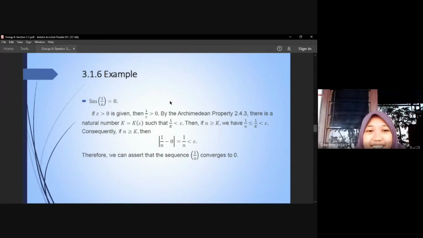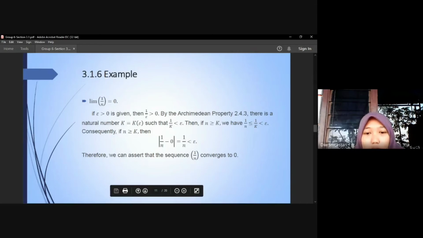3.1.6. Sorry. The limit of 1 over n is equal to 0. If epsilon greater than 0 is given, then 1 over epsilon is greater than 0. By the Archimedean property 2.4.3, there is a natural number K equal to K(epsilon) such that 1 over K is less than epsilon. Then if n is greater than or equal to K, we have 1 over n less than or equal to 1 over K less than epsilon.